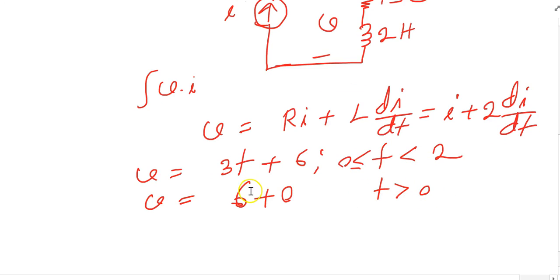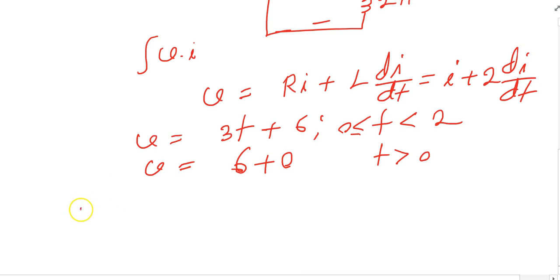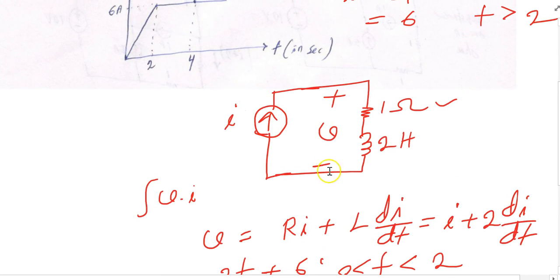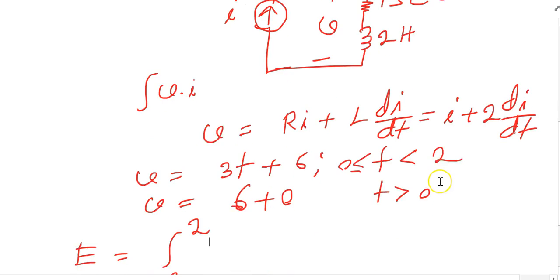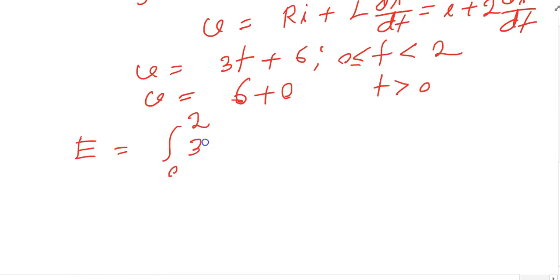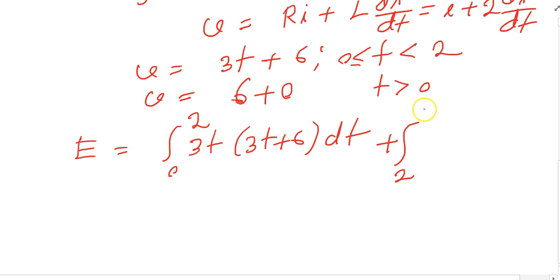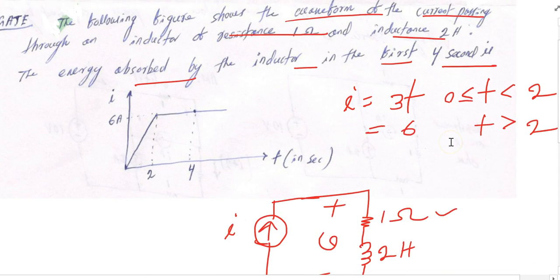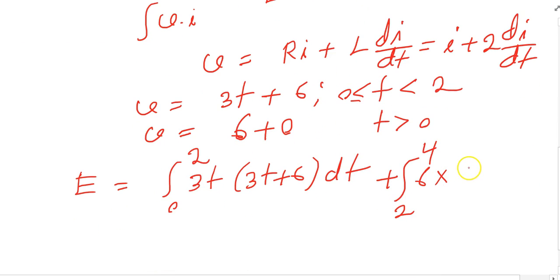Now we have V and I, so we need to find the energy. As per the relations, energy is equal to the integral from 0 to t, where I is 3t and V is 3t plus 6, dt, and from 2 to 4, because up to 4 seconds, I is 6 and V is also 6, dt.